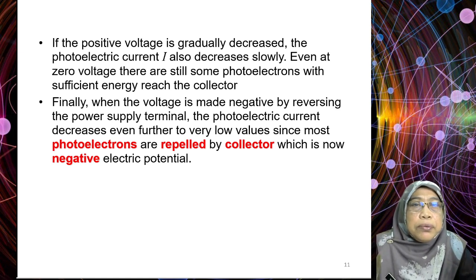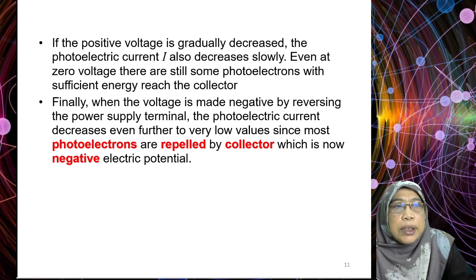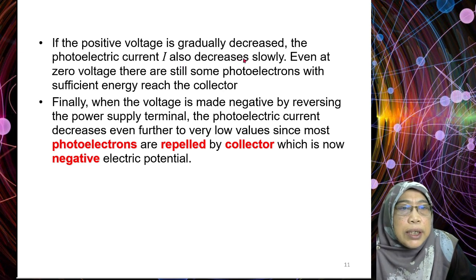If the positive voltage is gradually decreased, the photoelectric current I also decreases slowly. Even at 0 voltage, there are still some photoelectrons with sufficient energy reaching the collector.